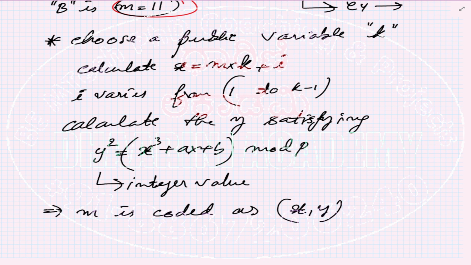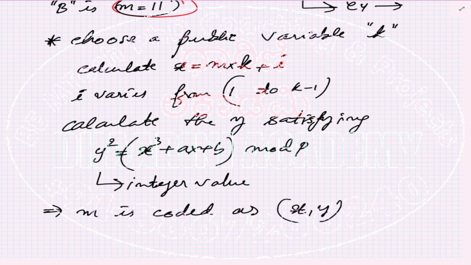For each value of x, you calculate the possible y. The first value of y which gives you an integer value will be considered as your answer. There may be multiple answers as well, right? So say for x equal to 2, 8 and 10, y becomes an integer, but out of which only the first value, the 2 for which you get y as an integer value, will be considered. So that x comma y is considered as the code of m using the ECC technique.